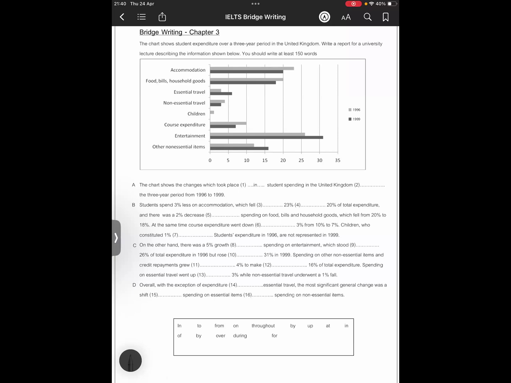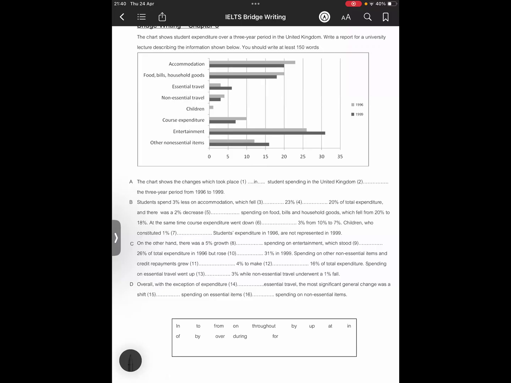All right, so first of all, let's try to understand what each of the bars means here.